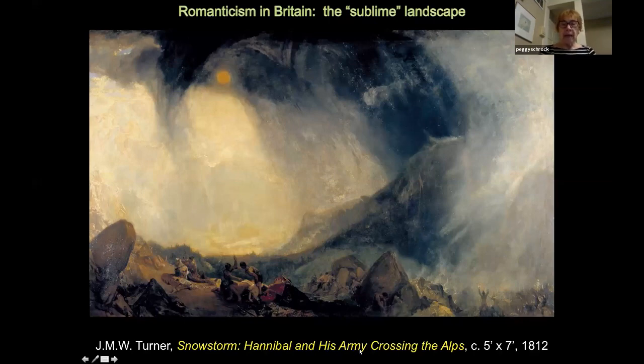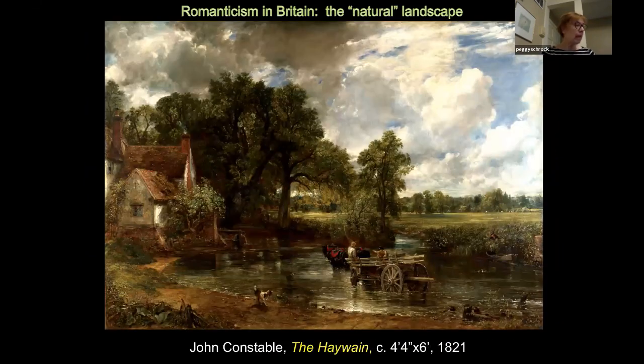But this is another historiated landscape, right? The Academy still values narrative. There's still such a thing as history painting in the Academy. And by giving it this antique subject, he's elevating it from just being a landscape to being almost a history painting.